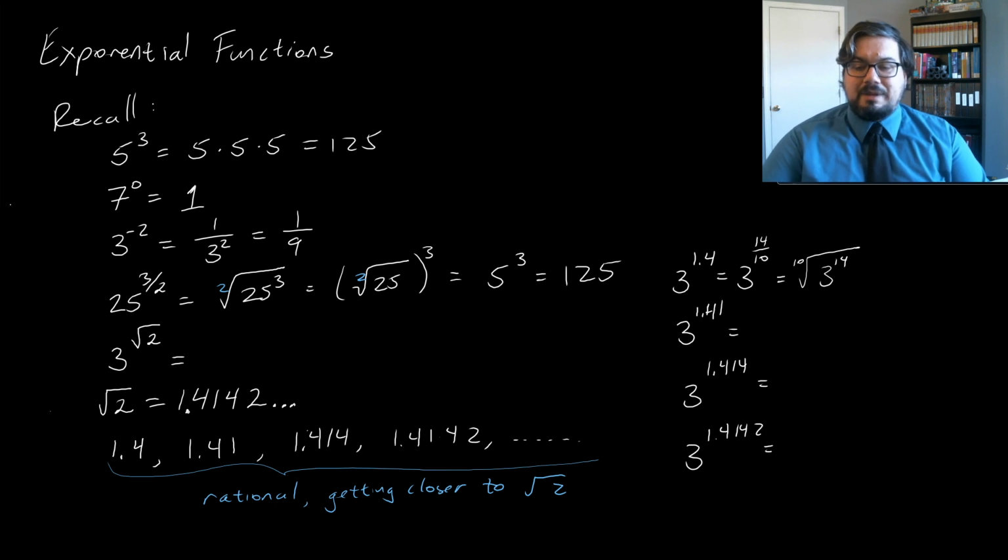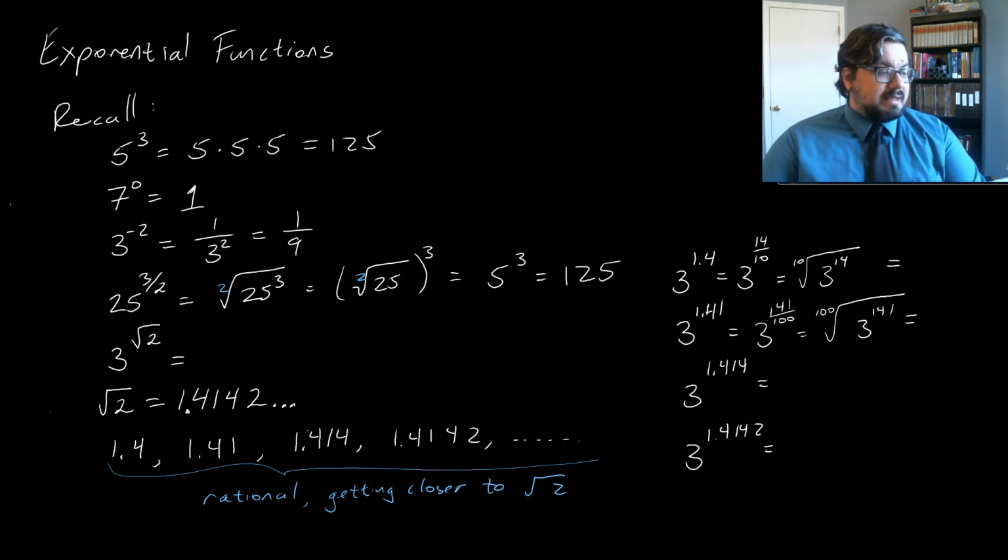And similarly, 3 to the 1.41 is 3 to the 141 over 100, and so it's the 100th root of 3 to the 141. And these continue.